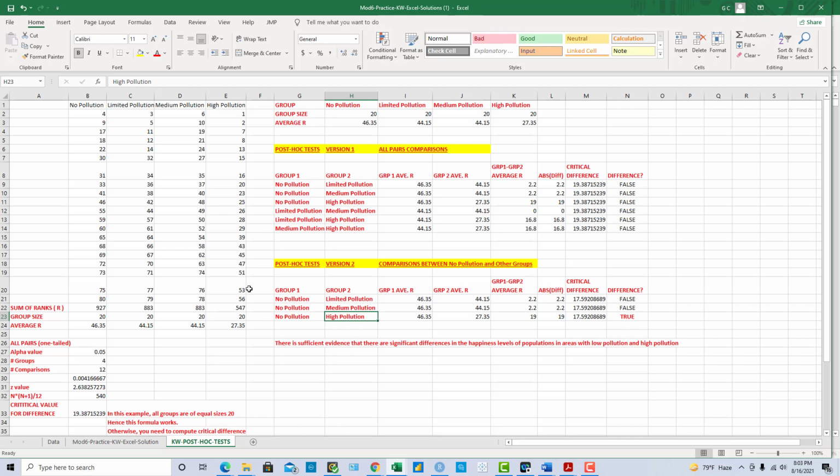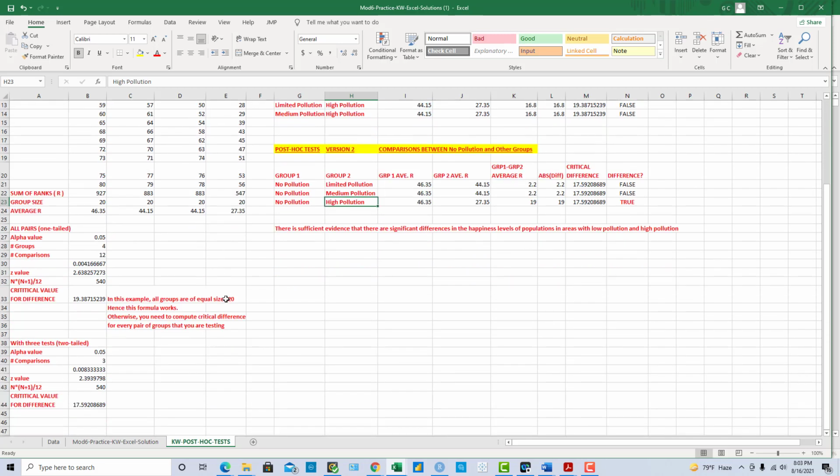If we just do these 3 tests, we get the alpha value of 0.05 with 3 comparisons.